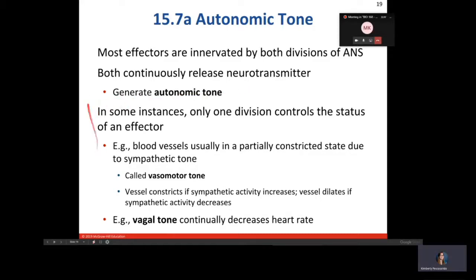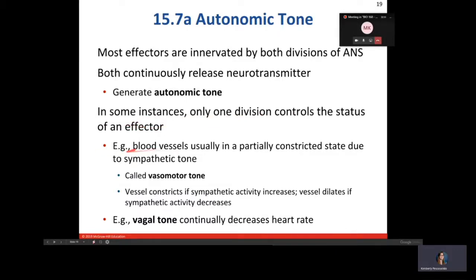There are some cases where the effectors are only controlled by the sympathetic nervous system. The sympathetic nervous system is a little bit more widespread than the parasympathetic nervous system, and so it's more likely that the sympathetic nervous system is going to control the status of an effector, like our blood vessels.